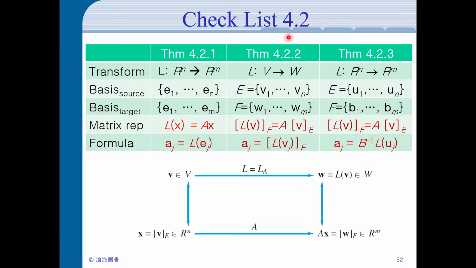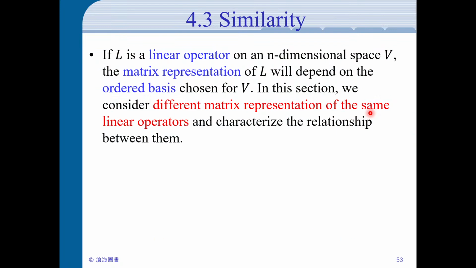Then we can have E and F being the same basis, because since you are mapping Rn back to Rn, it makes sense to choose just one basis for both the start and the end. In that case, the matrix representation of your linear operator L will once again depend on the basis you choose, but you will see that.